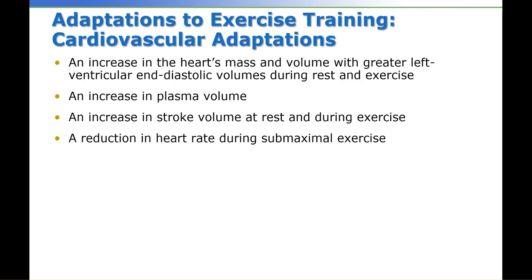With long-term aerobic training, you have increased heart mass and volume with the left ventricular end-diastolic volumes during rest and physical activity. Makes sense. This is one of the reasons why you have your cardiac output, which equals stroke volume times heart rate. If you have a larger stroke, so more ejection for each beat is taking place.